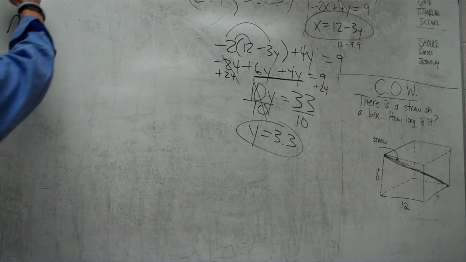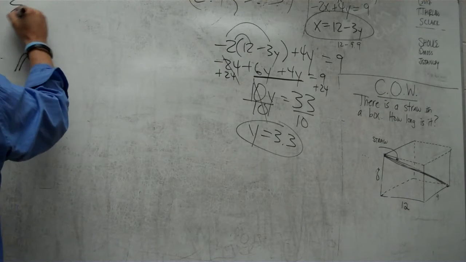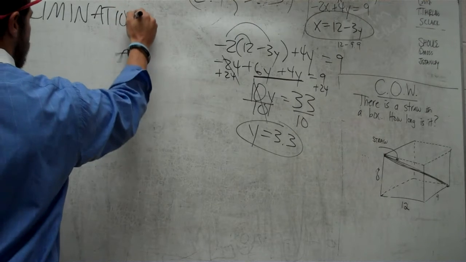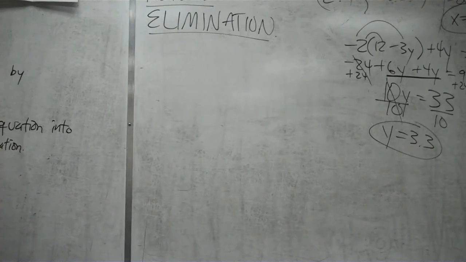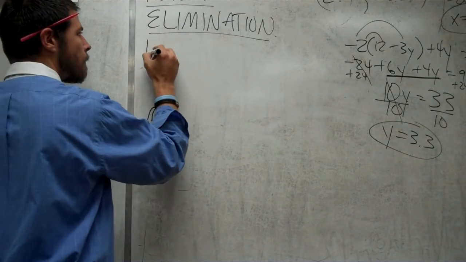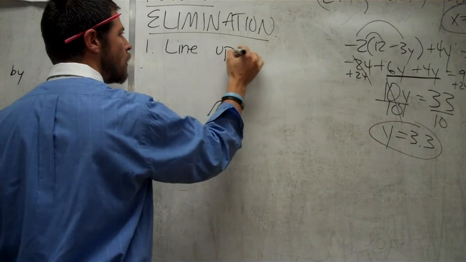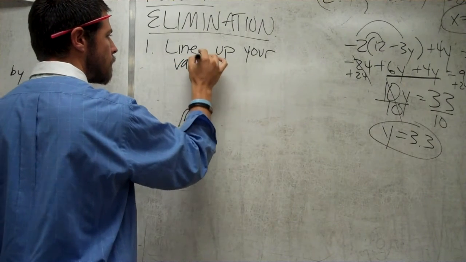Now, method number 3. This is even easier than the other two. It's called elimination. Holy cow, we just got done with the first one. Yep. We got 3 of those, we got 3 of these. Alright, we need the steps. Number 1. Line up your variables.